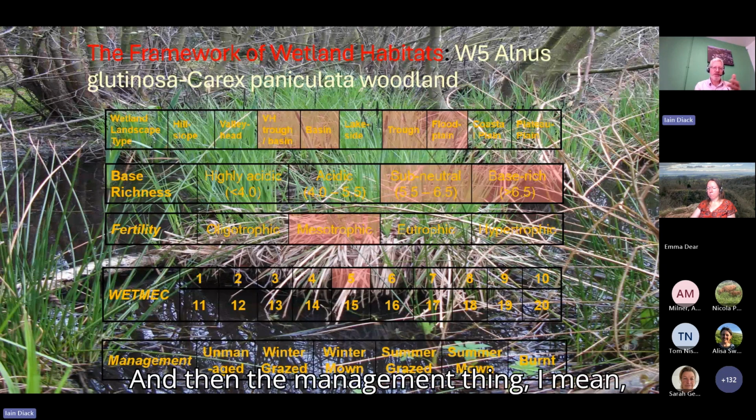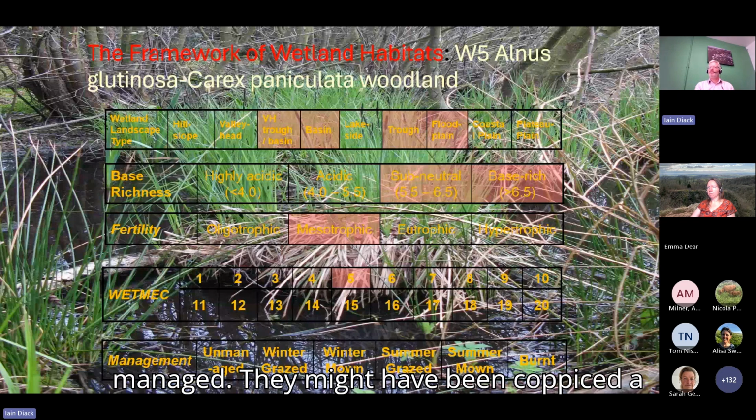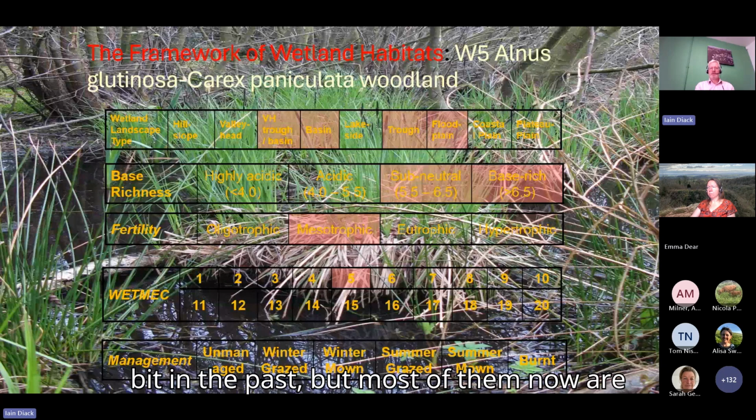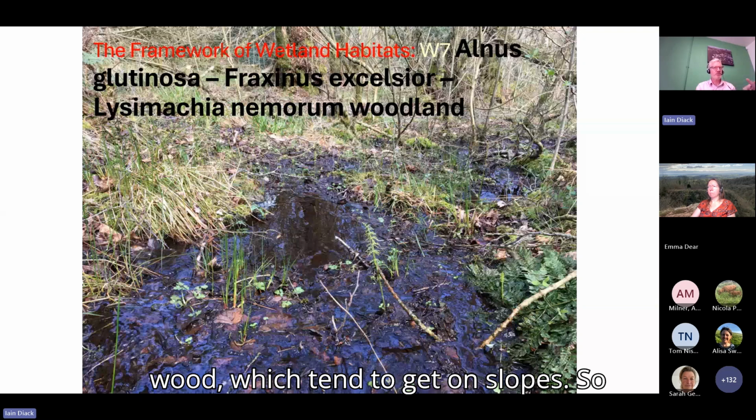And then the management thing: generally, these woodlands aren't managed. They might have been coppiced a bit in the past, but most of them now are unmanaged. To contrast that with W7 and how that comes out, W7 is this alder, yellow pimpernel wood, which tends to occur on slopes.